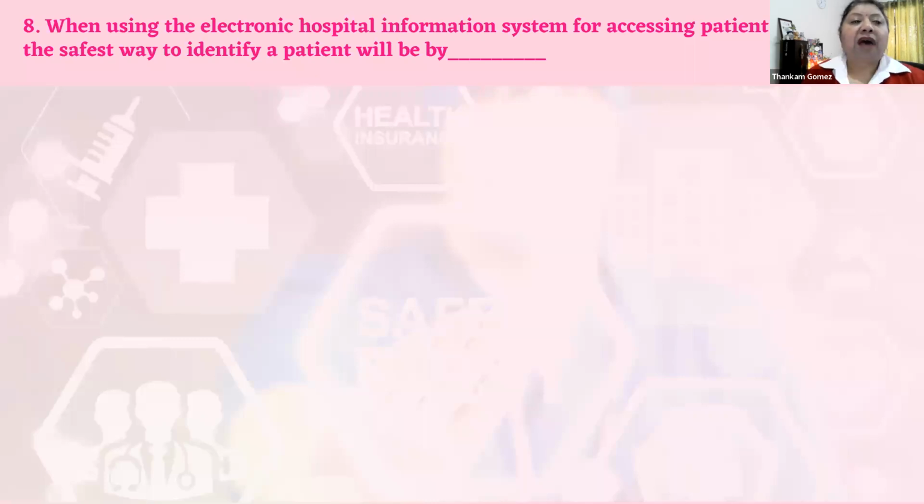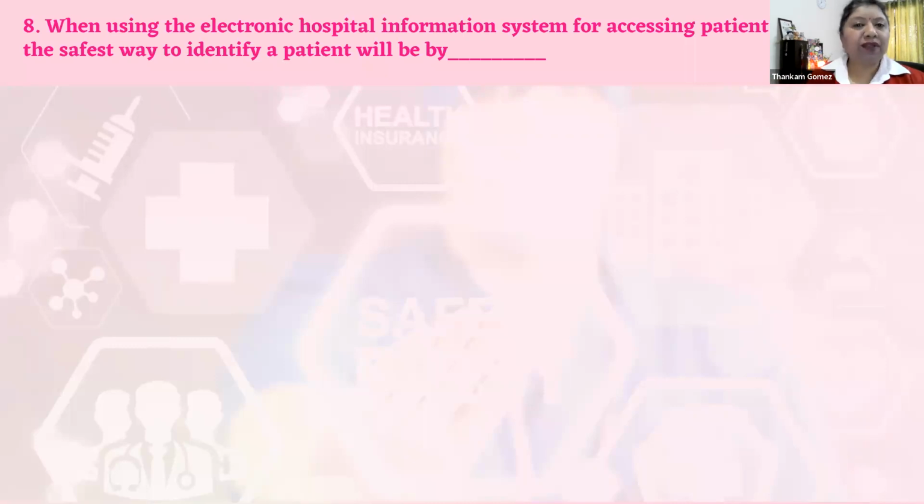Now, I have seen errors happening because there are always patients of similar name or same name in the same hospital. It is always a possibility. So there is something called LASA, look-alike, sound-alike drugs. I call it SASA. SASA means sound-alike and spell-alike patient.